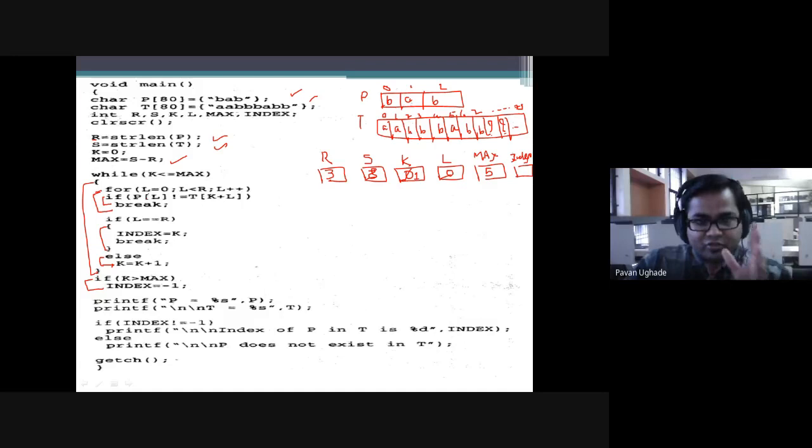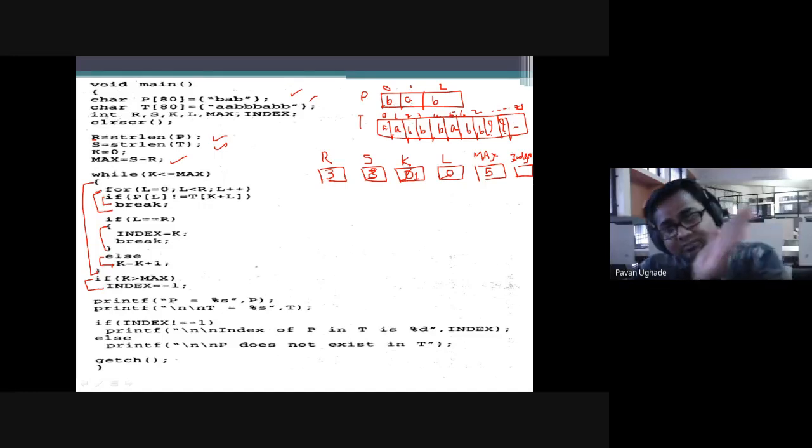Please try to understand. You need complete patience and attention to understand this concept. L value is 0. P of 0 not equals T of K, and the K value is 1. So we are comparing B with T of 1. Initially we compared with T of 0, now we are comparing B with 1.